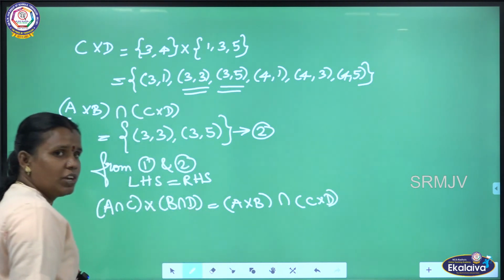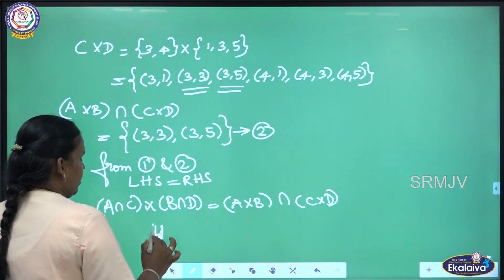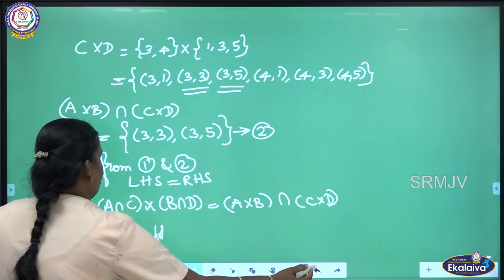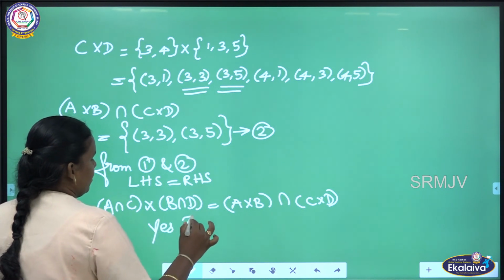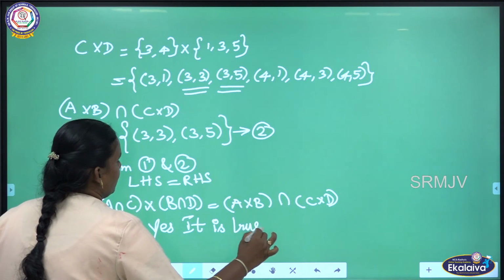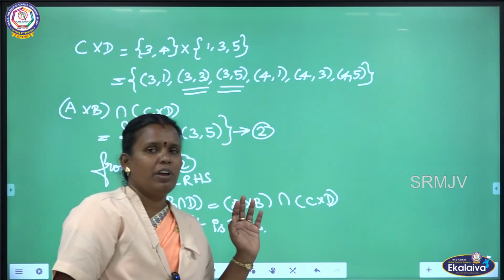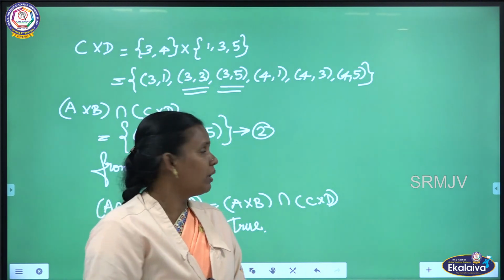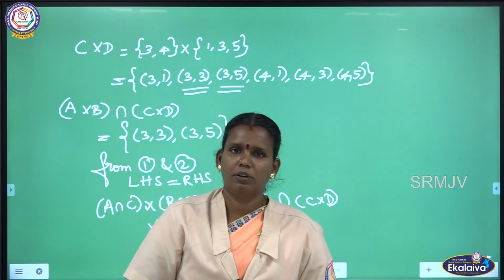They told you to check whether it is true or false. So yes, we can state that it is true. Are you clear with this exercise number 1.1 sums? Do you have any doubt with this? I think everyone is clear with this exercise. We only need to know the Cartesian product, cross product.